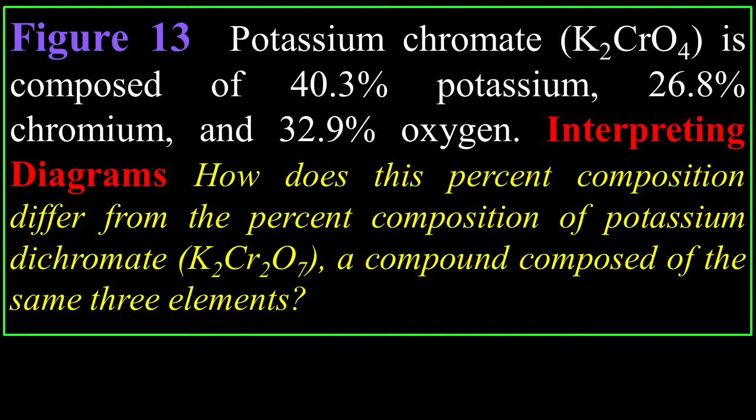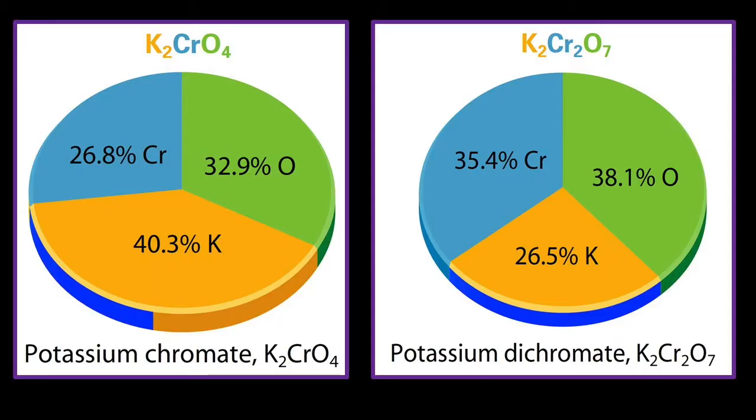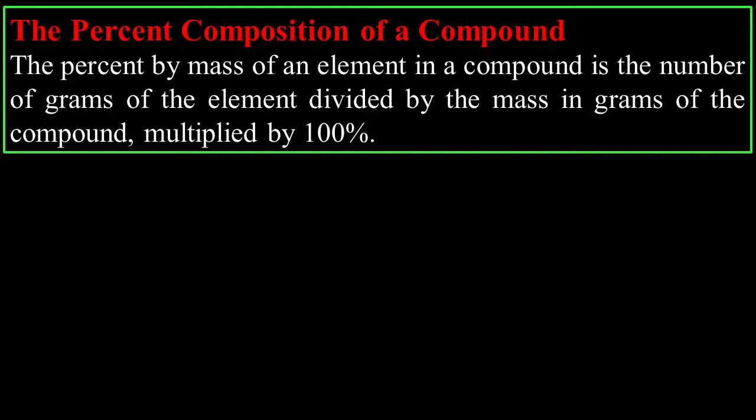How does this percent composition differ from the percent composition of potassium dichromate, a compound composed of the same 3 elements? We'll see that in a moment. The percent of chromium in potassium dichromate is greater than in potassium chromate. And here's the relationship. For potassium chromate, it's 26.8% chromium and 35.4% chromium in dichromate.